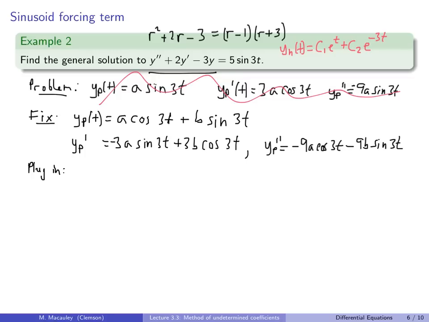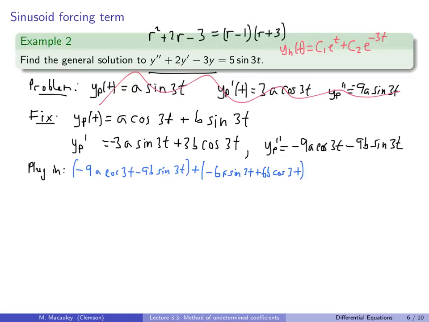So y double prime is negative 9a cosine of 3t minus 9b sine of 3t, that's y double prime, plus 2 y prime, that's 2 times these, so plus negative 6a sine of 3t plus 6b cosine of 3t.